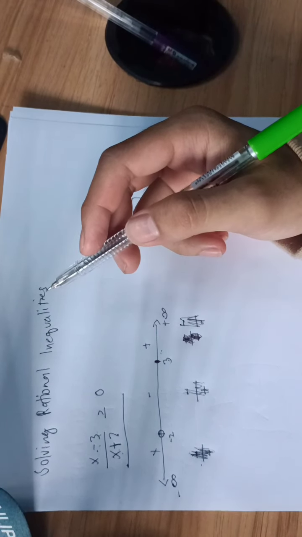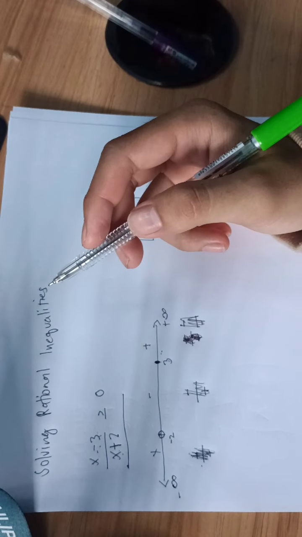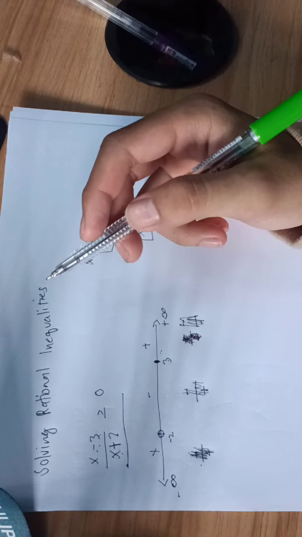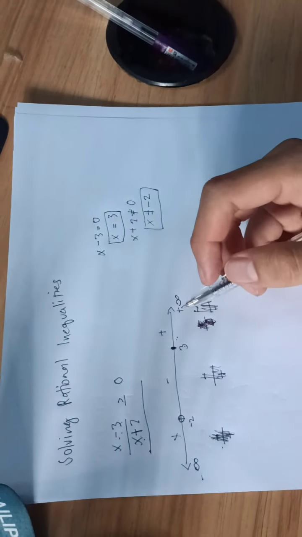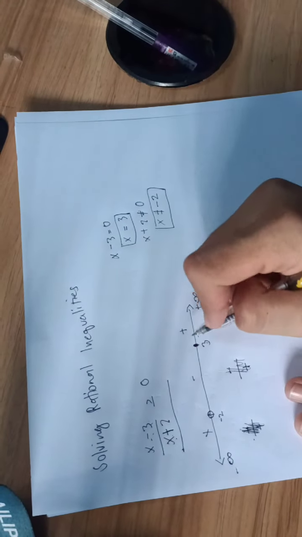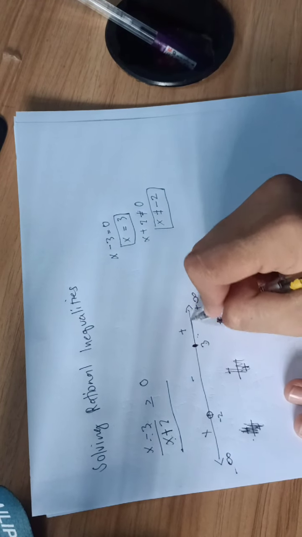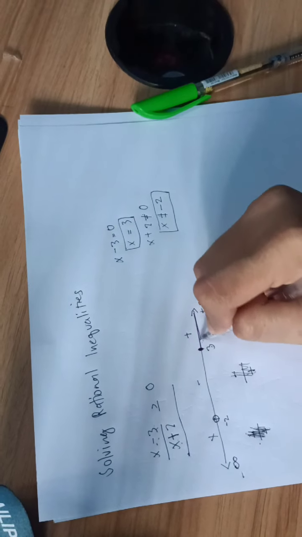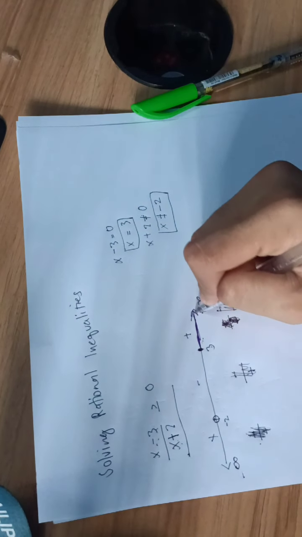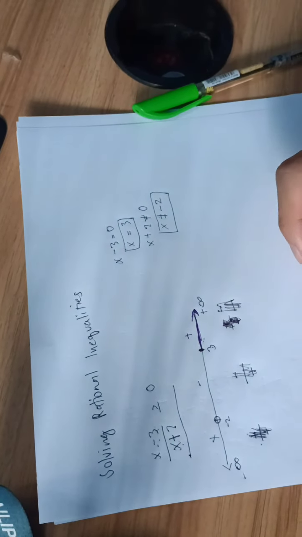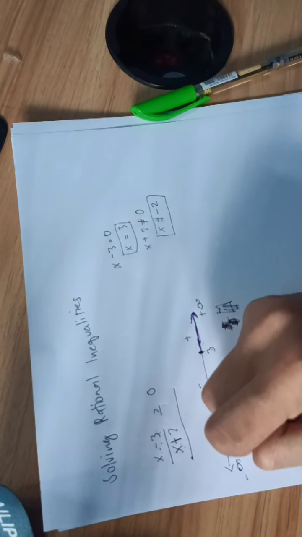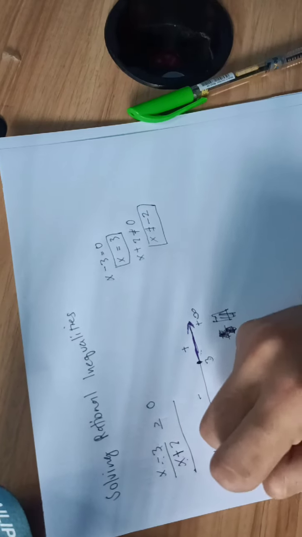Now we want the fraction to be greater than or equal to 0, so we just need to shade the positive parts, using the other pen, including the side to the left.